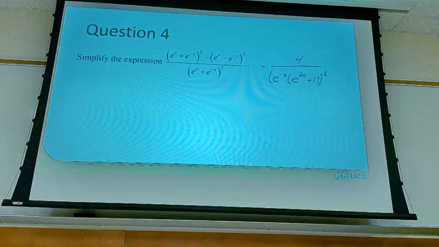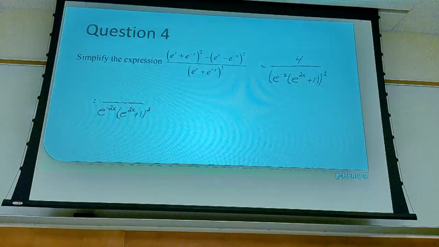That square distributes to each term. You raise a product to a power, each term gets that power, right? So the denominator can be written as e to the negative 2x times e to the 2x plus 1 squared.